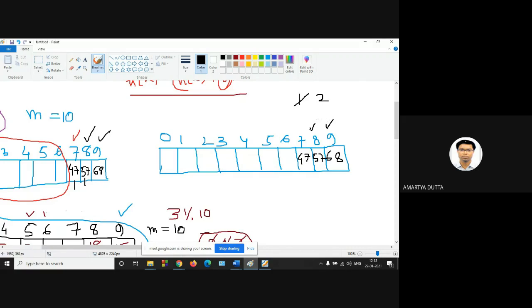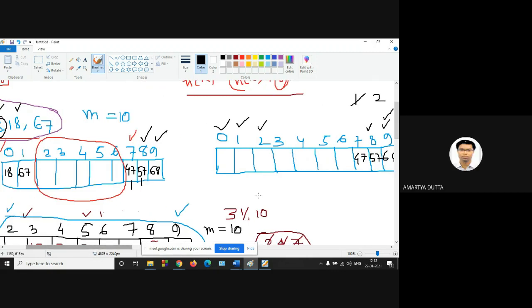So 2 square. So two attempts have failed. So counting 1, 2, 3, 4, 18 is placed in this position, right? Yes, sir.